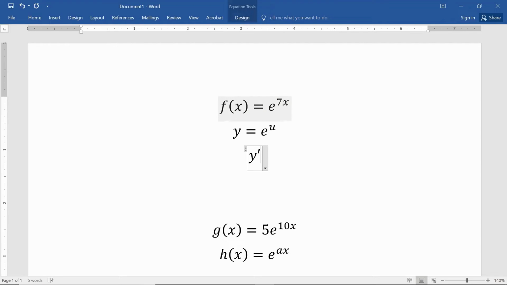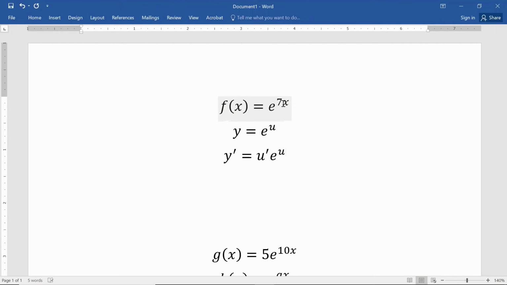That means y prime is equal to u prime times e to the power u, which means my f of x has derivative f prime of x equals the derivative of the inside function, 7, times e to the 7x. So derivative of f is 7 e to the 7x.